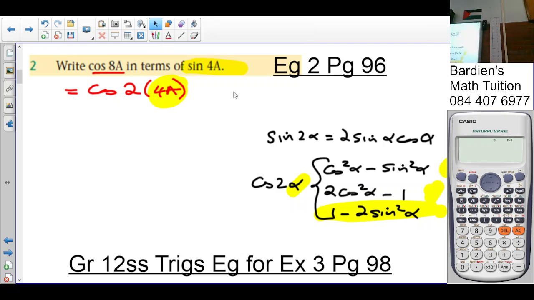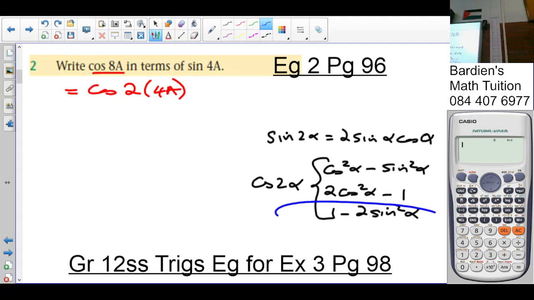Okay. So again, in alpha's place, we have 4a. So this is the one I'm using. It's going to be 1 minus 2 sine squared 4a.